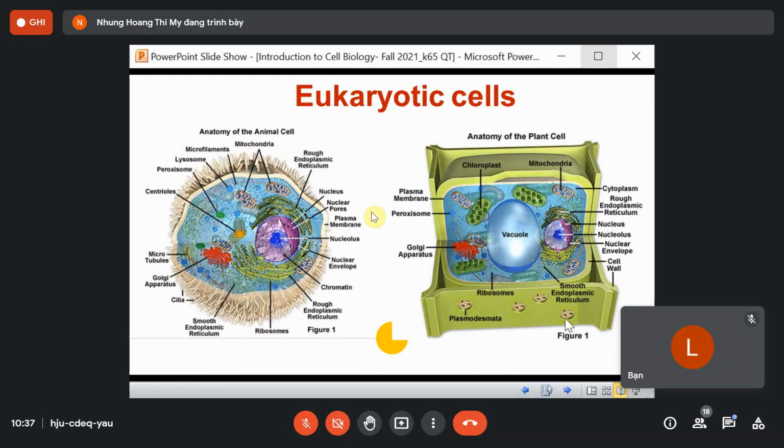In the cell biology course, you mostly focus on the animal cell because you also study the plant cell in another course. For that reason, in this course we mostly concentrate on the animal cell.